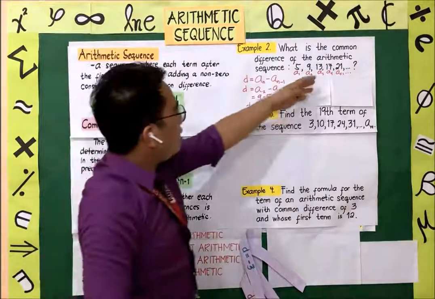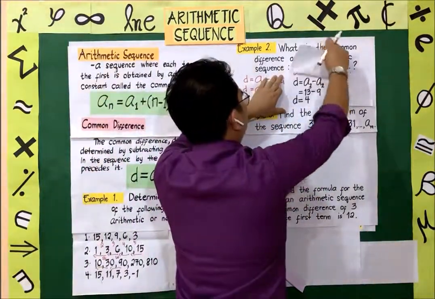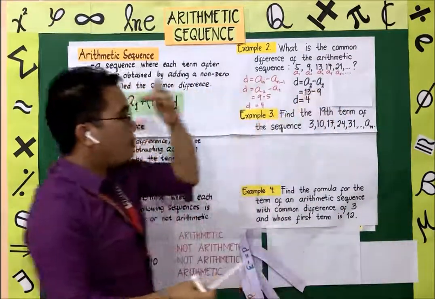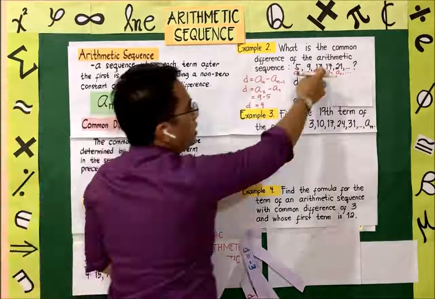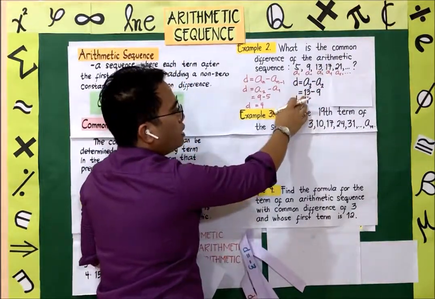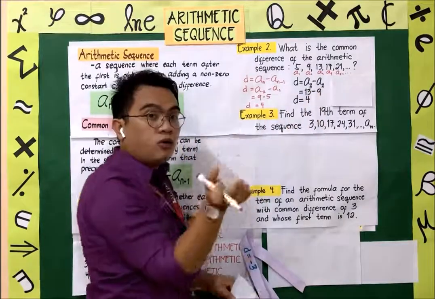So pwede rin na-try din natin siya sa the other terms. So dito sa isa, D is equal to A sub 3 minus A sub 2. A sub 3 is 13. So, substitute lang natin. Then minus A sub 2. A sub 3 is equal to 13 minus 9, also equal to 4.